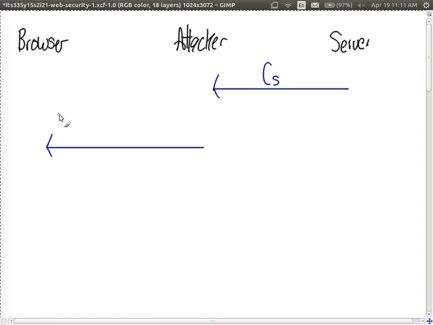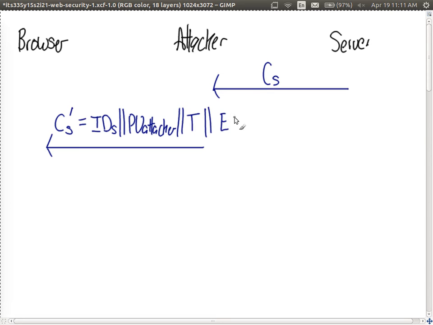And for the modified certificate, again, we'll write a CS prime onto the browser. Same idea, it's still pretending to be the server, different public key, timestamp, we can set that to the same as before and attach the signature. Instead of using the original signature, let's create a new one.